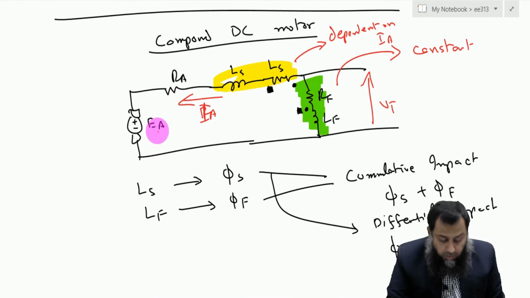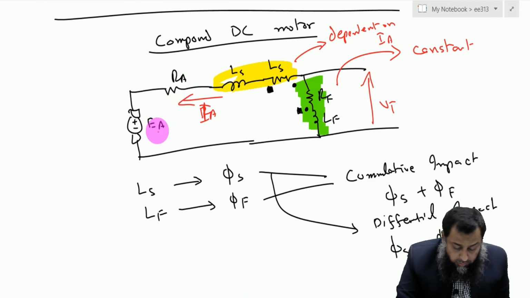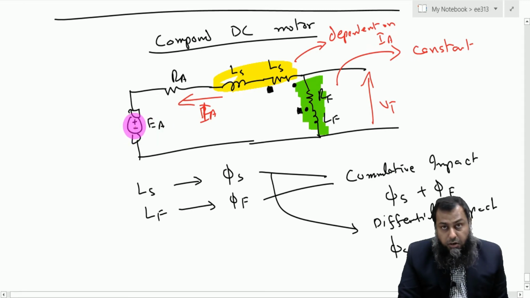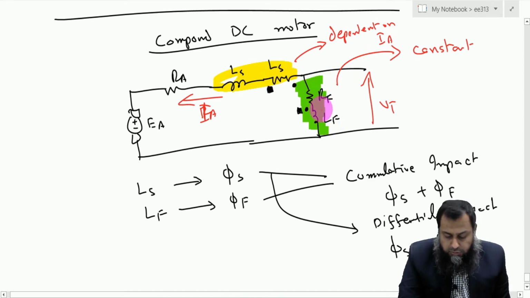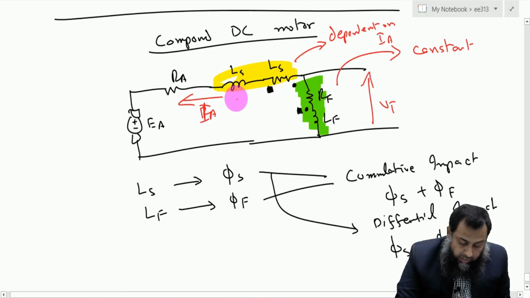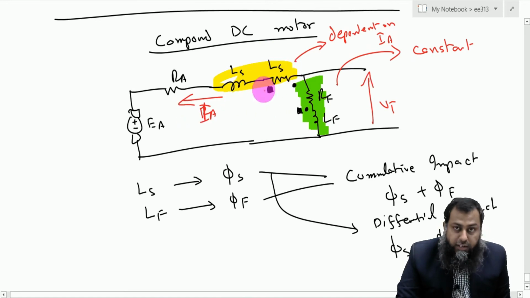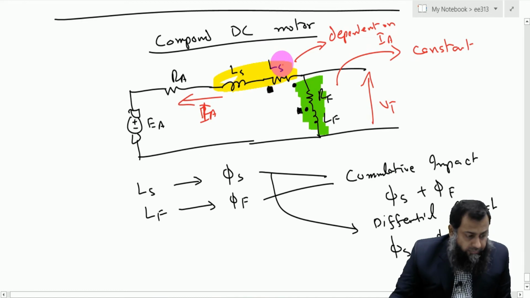So at light load conditions, where the load torque requirement is not very high, this Ia is low, and therefore the field produced by this Ls is very low, and the motor actually works more like a shunt machine. But as we increase the load, the contribution of this Ls increases and the motor acts like a series motor.